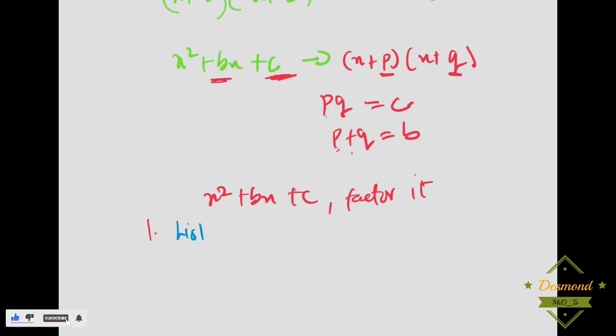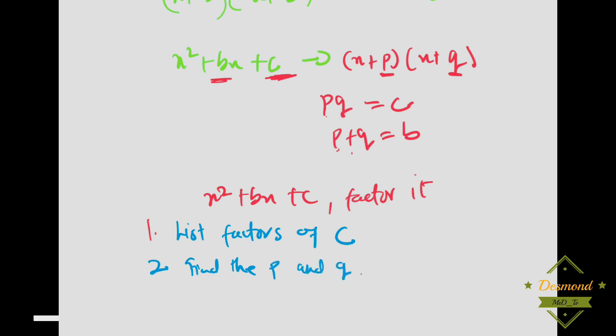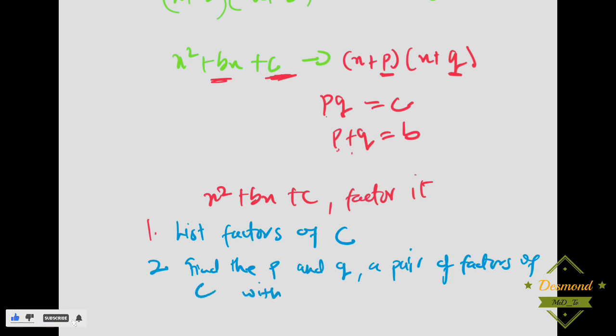The second thing you need to do is to find the p and q, which we stated earlier: a pair of factors of c with a sum of b.